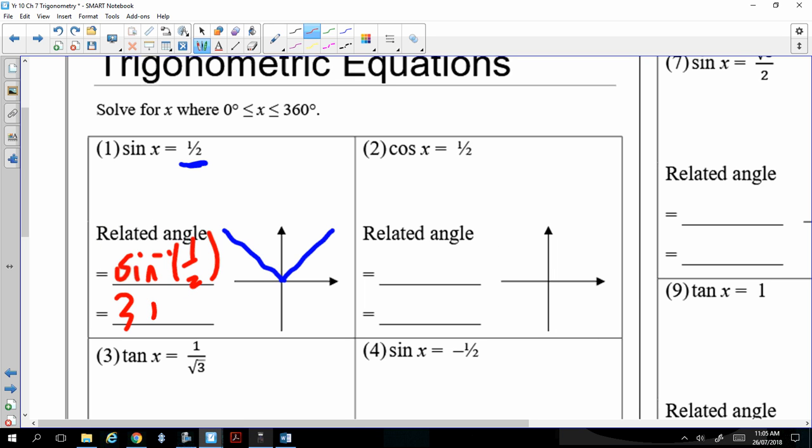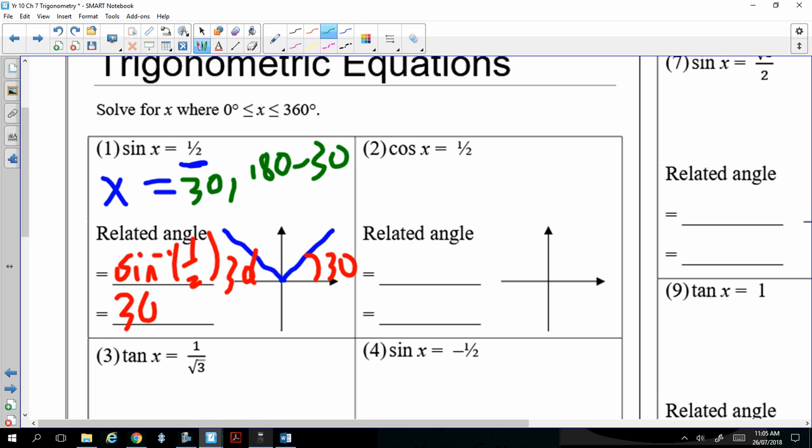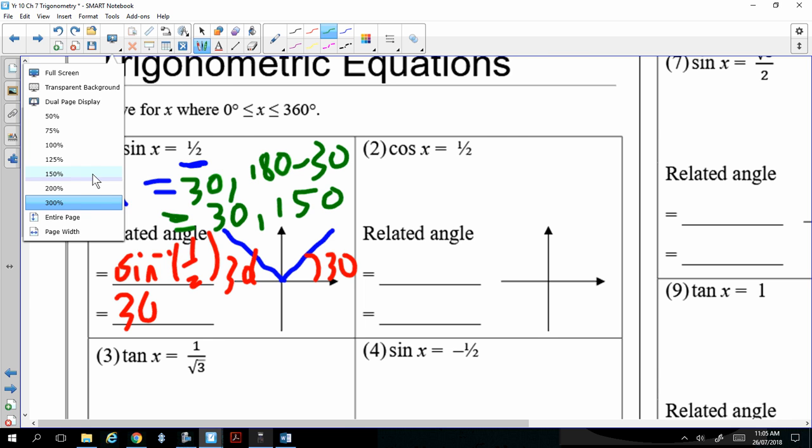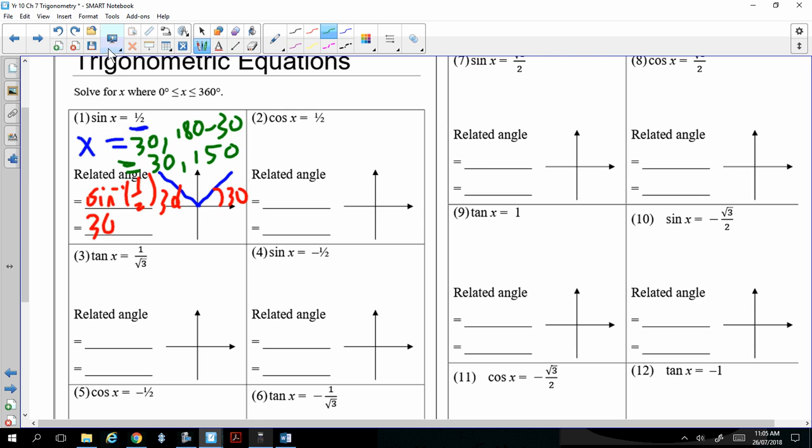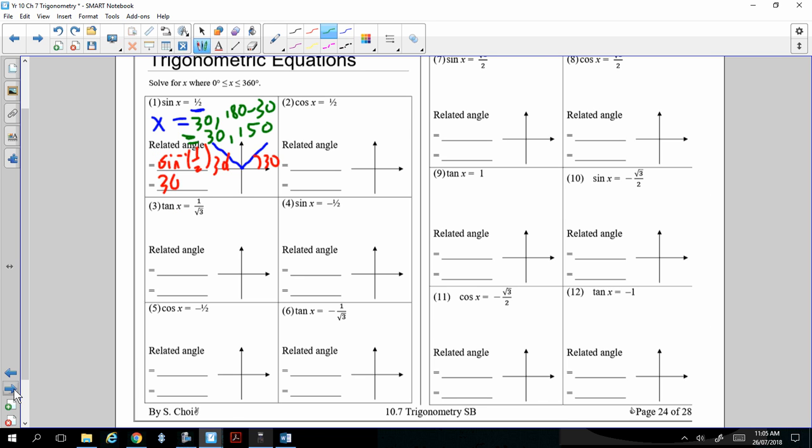Well, it must be 30 or 180 minus 30. What would it be? 150. How do I know it's right? I prepared the answers for you. So if you go to the next page, 30 and 150, I got it right. So give yourself a tick.